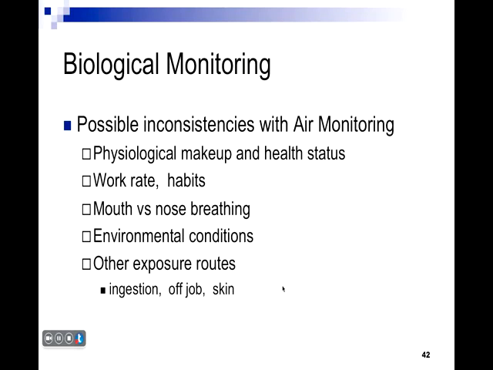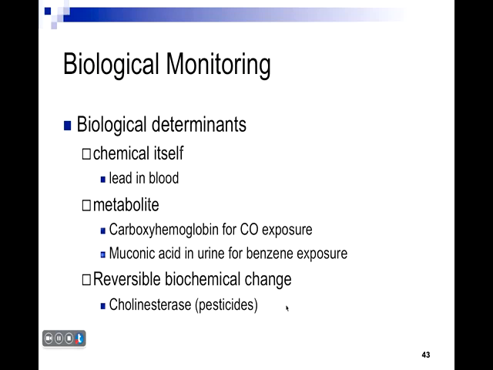There may be some inconsistencies based upon the workforce makeup and how the work habits are. If somebody breathes through their mouth or nose, you're going to get a higher concentration of chemical. There are also environmental conditions, or some other exposure routes that may occur, things that they're doing off the job, for example, or you may be getting chemicals in from ingestion or skin absorption.